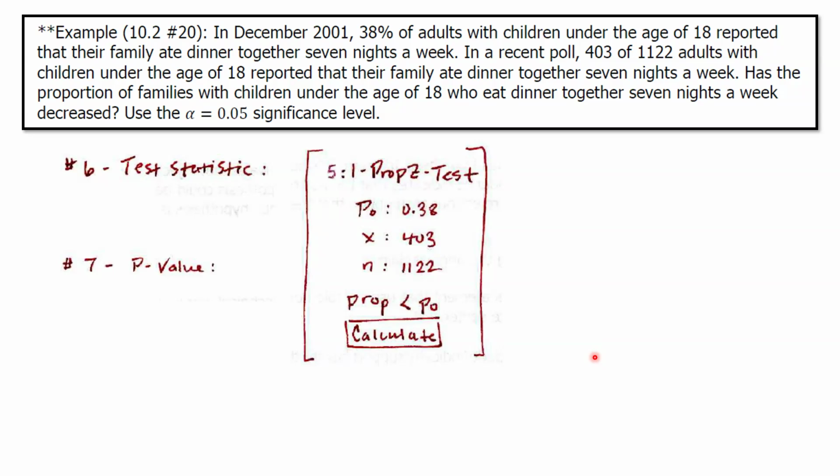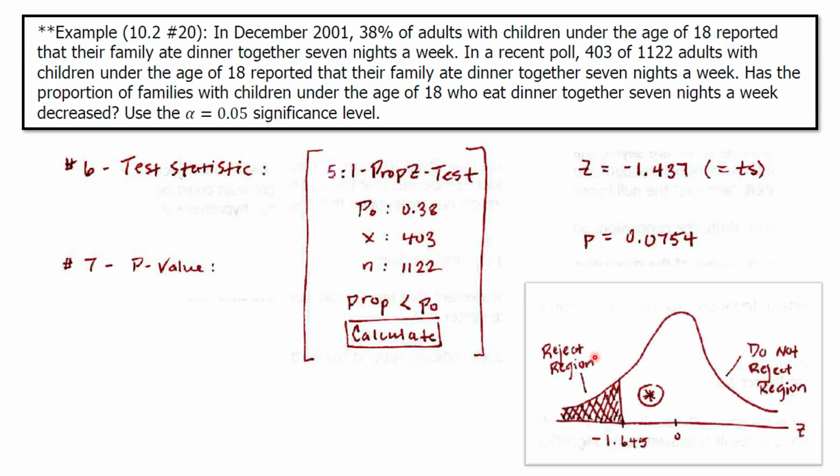Once we go to calculate, we would get a z-score, or our test statistic, of negative 1.437 and our p-value of 0.0754. Okay, so we have our test statistic and we have our p-value. So we can go back to our picture and identify where our test statistic is going to be.